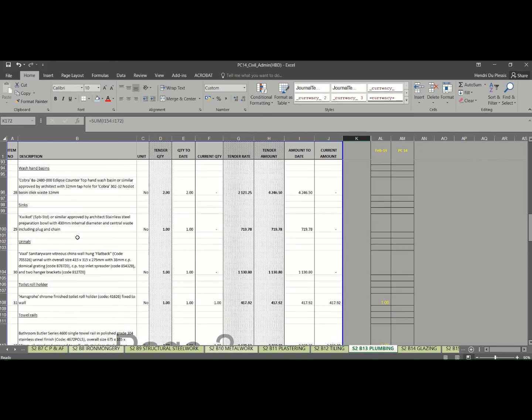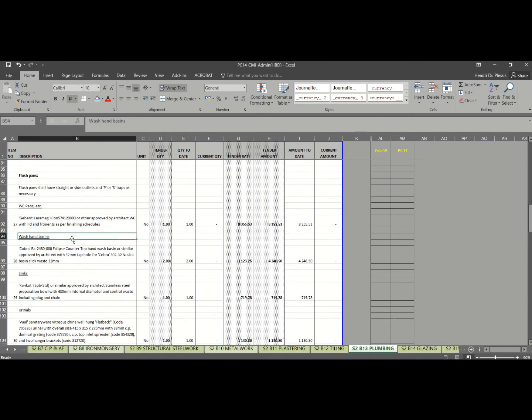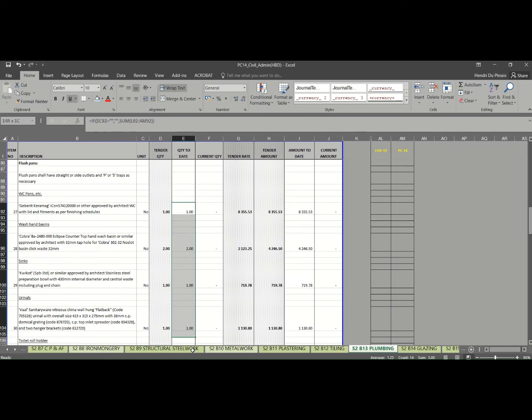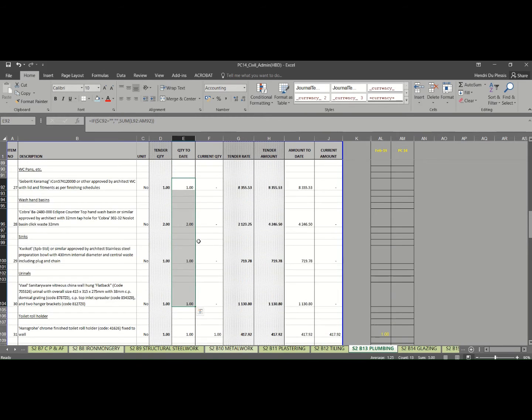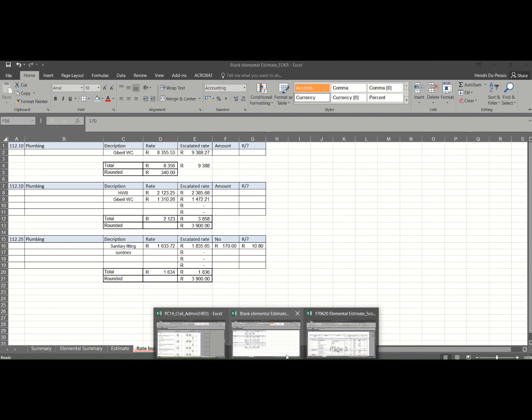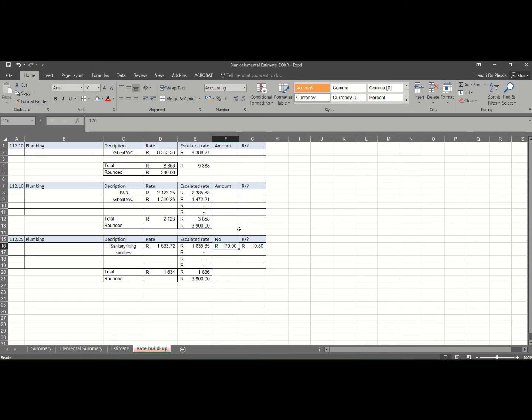So you've got your hand wash basin, all of these items measured up to urinals, and we can see that we had 13 items measured, although it's some 5. Yeah, so it's 1, 2, 2, 1, so it's 5 items that we had here, and then you can calculate what the cost was from that.